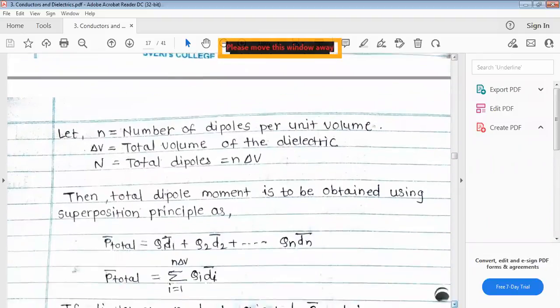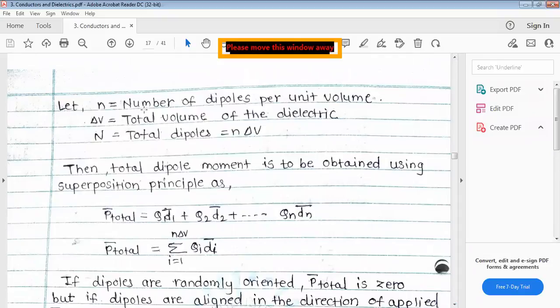Now consider that small n is equal to the number of dipoles per unit volume. What I told you: suppose there is a dielectric material and we don't know the shape. So I am considering one sphere in which there is a dielectric material, so you can imagine that as a volume.